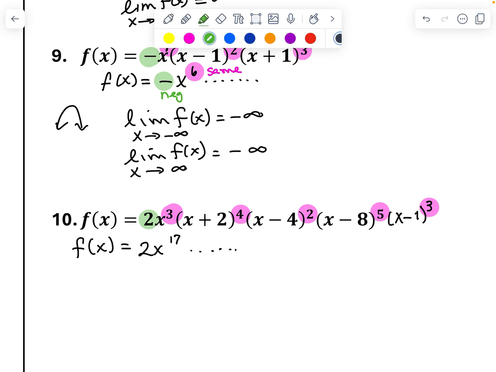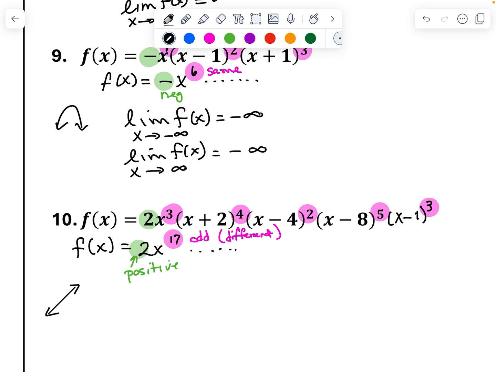So our powers, this is an odd number. This is a positive number. So because we have an odd number, odd powers are going to be different directions. And because this is positive, positive is going to take on this shape.